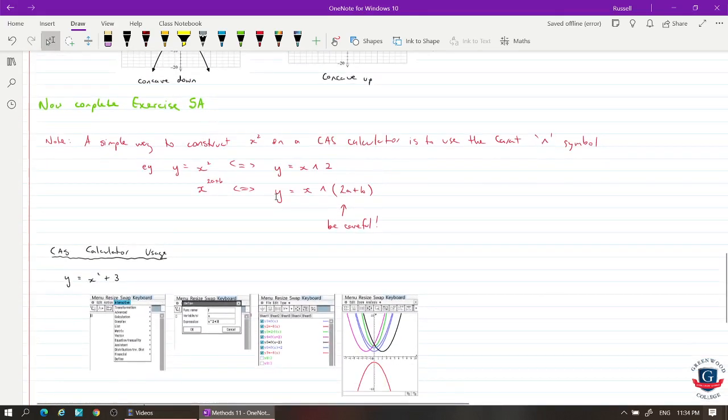Something to note, that when you're doing quadratics, you want to put powers to x quite often. On a CAS calculator, we use the caret symbol. It's on the keypad. Let's see if we can find it.